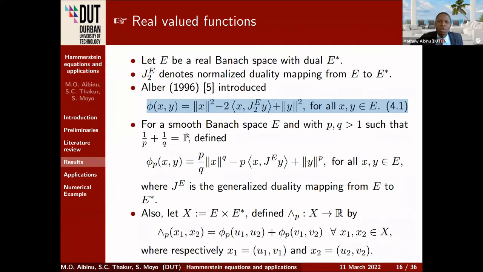Moreover, comparing the two definitions, we can see that when p is equal to 2, the definition of Alber is obtained as a corollary. Also, let X be E times E*. We also define the map wedge_p of X into R, which is defined as this for X1, X2 in X.